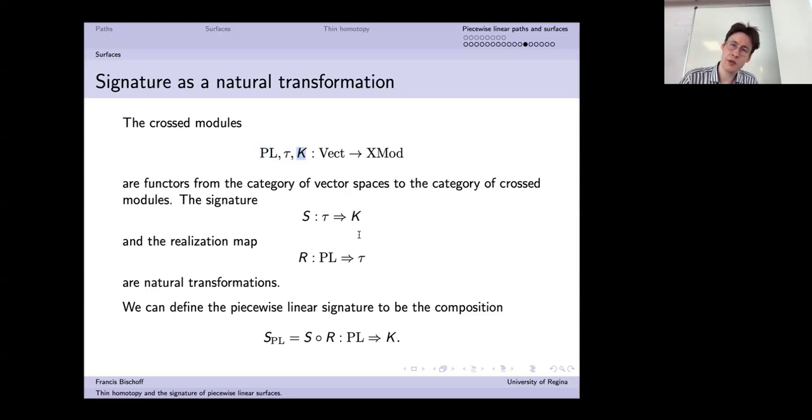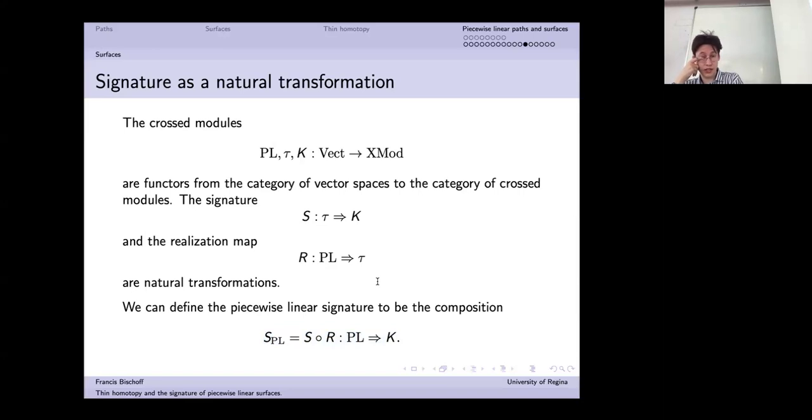And then we have all of these maps, which are natural transformations. So the signature of a smooth surface is a natural transformation from tau to K, from the smooth surfaces to the formal surfaces. We have this realization map, R, from PL to tau. These are both natural transformations. And we can compose them, and we get a sort of piecewise linear signature, which is a map from PL to K.